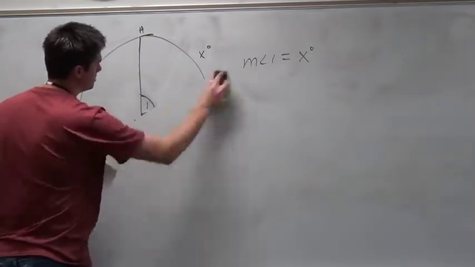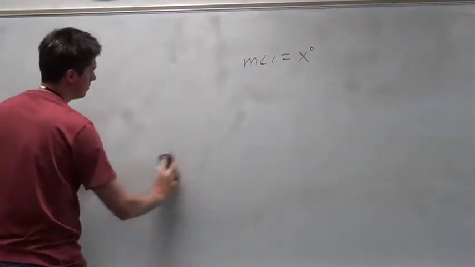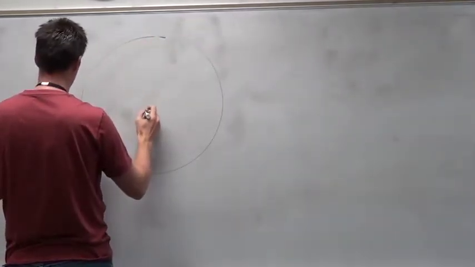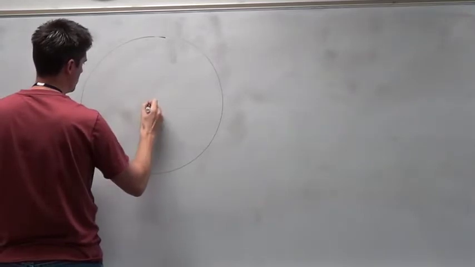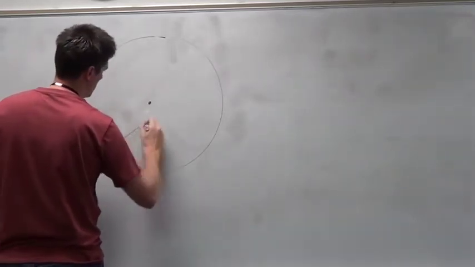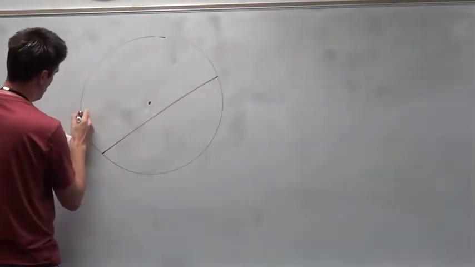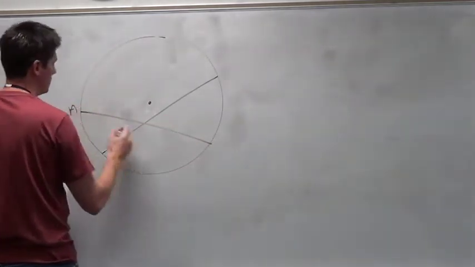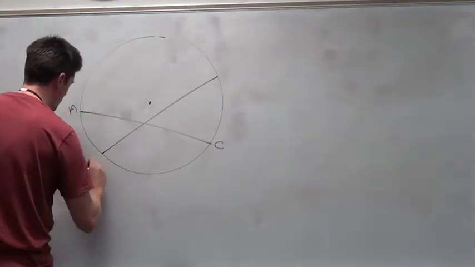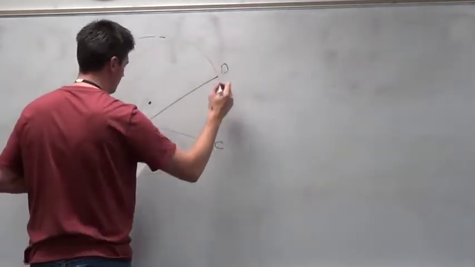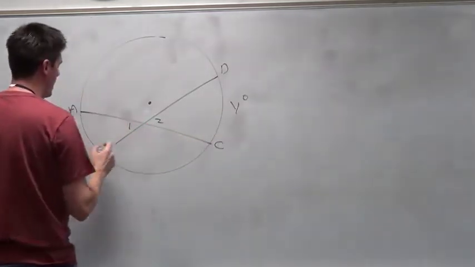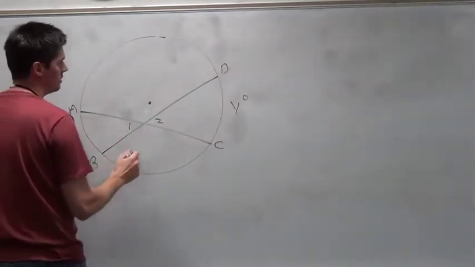Question 2. You have two chords that intersect each other. You have chord AC, chord BD. You have angle 1, angle 2. You have y degrees for that, and you have x degrees for this one over here.